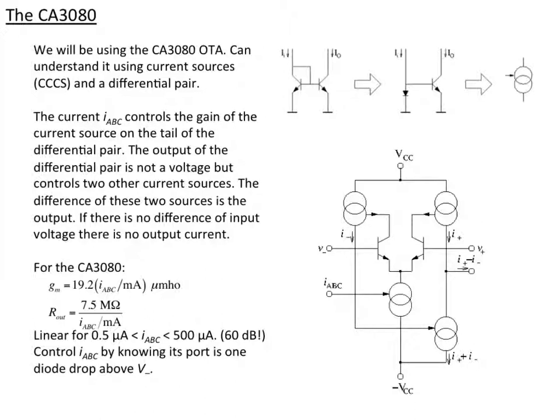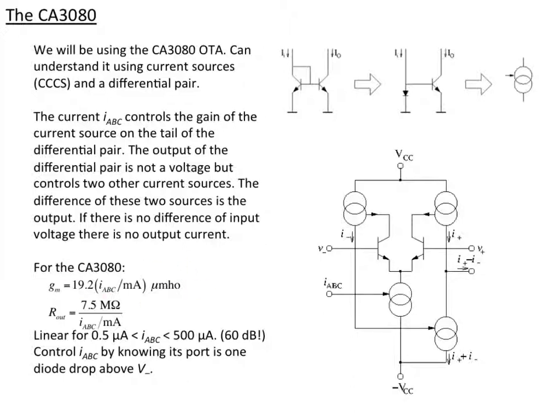And in particular, there's a few constants for the 3080. The gain, the current gain, is 19.2 times the current coming in milliamps, and that will give a gain in micromhos. So you can control the current that comes out based on the voltage comes in with this. That's 1 over resistance.